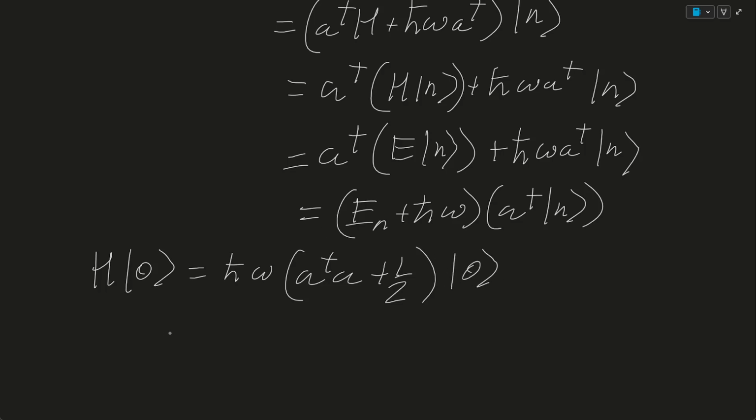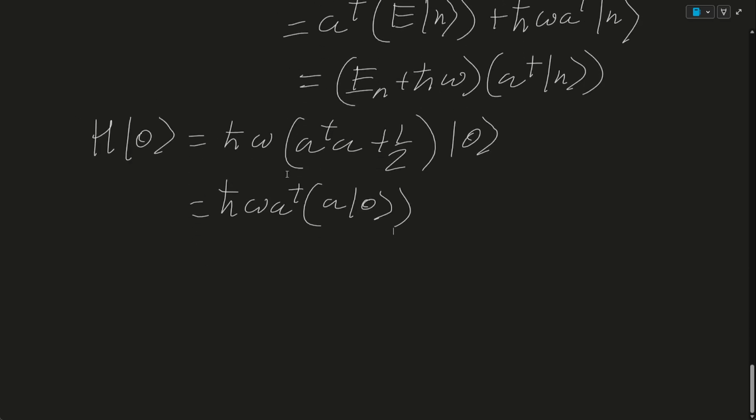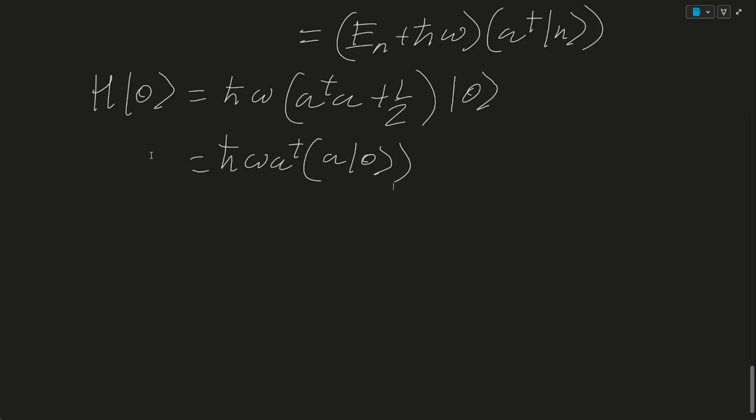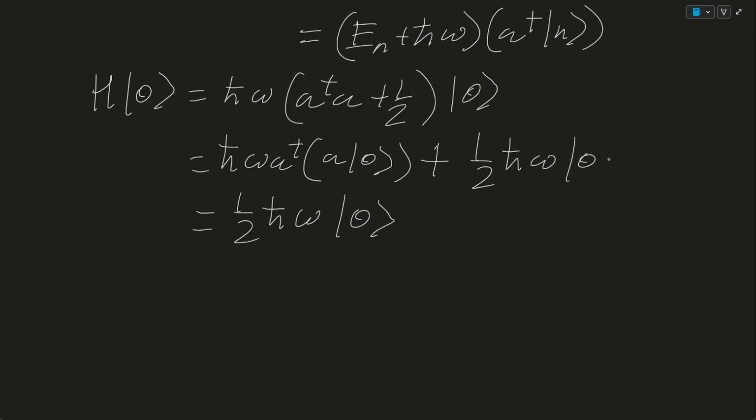This is going to be ħω a, and then we get that this is half ħω times ket 0. There you go, that goes away, and we're left with this.